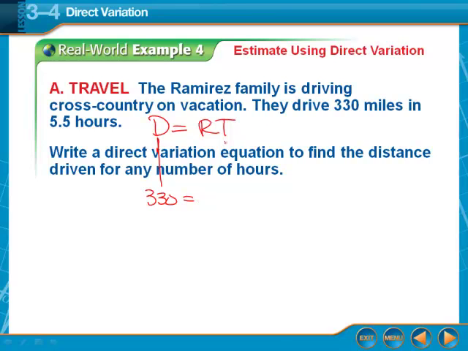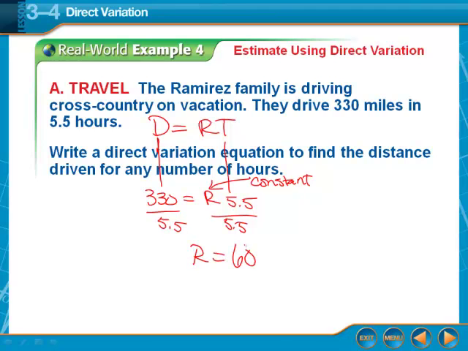Time is 5.5. R, my rate, this just became the constant. This question is asking how fast is this person driving? If we can find out what the rate is, which is simple math, divide by 5.5, divide by 5.5, my rate is 60 miles per hour.